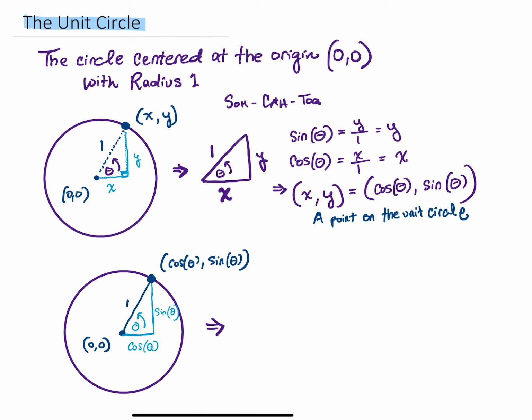Let's first think about the tangent. Well, we said the tangent is the opposite side length over the adjacent. So in this case, that would just be the sine of theta over the cosine of theta.